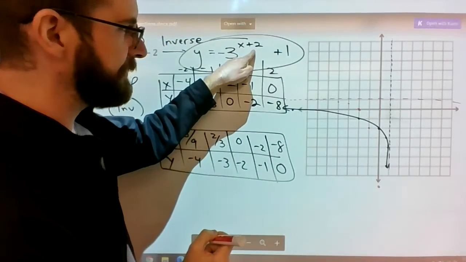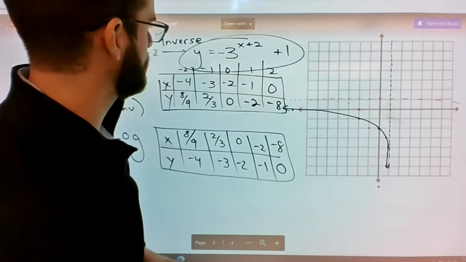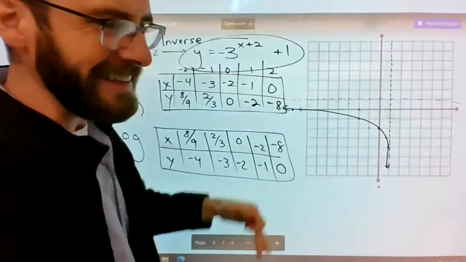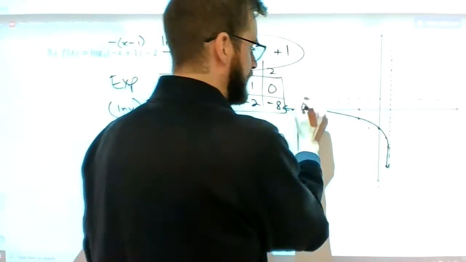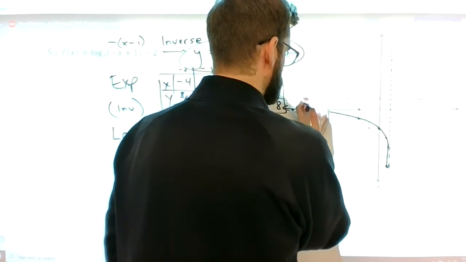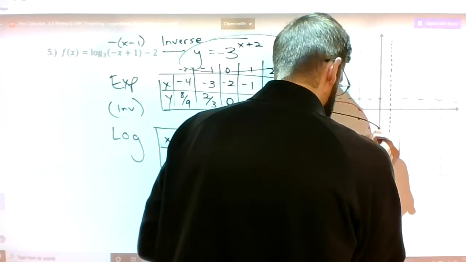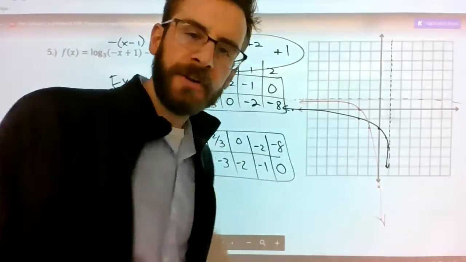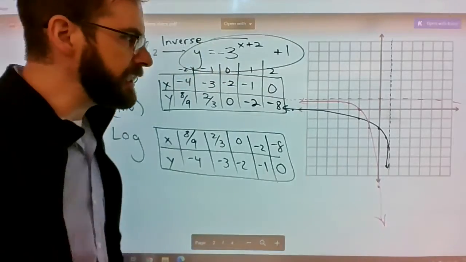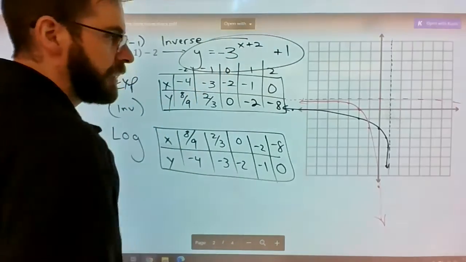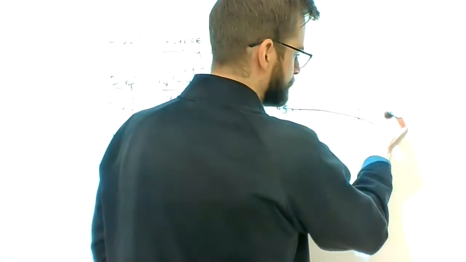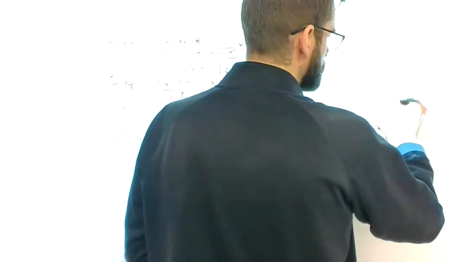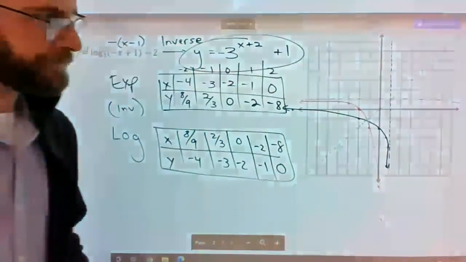This means it's shifted left 2. Well, we already plotted the point, so that's not going to be a big deal. This is a vertical reflection, which means it's shoved underneath the asymptote. So it's never going to go above the asymptote. Now here's the visual cue. Everybody should be reflecting over this green line perfectly.